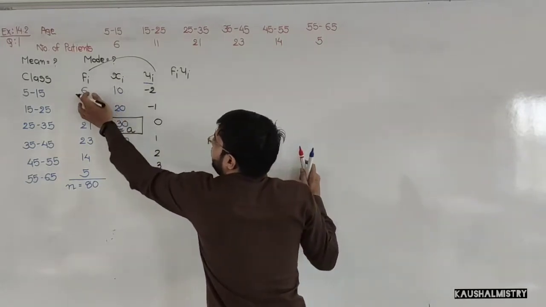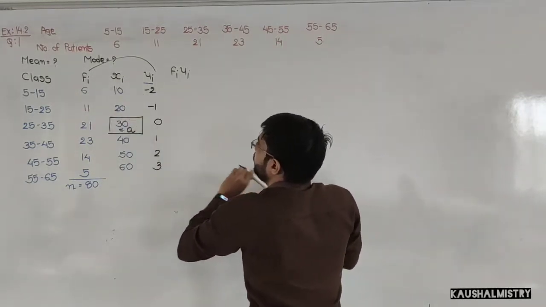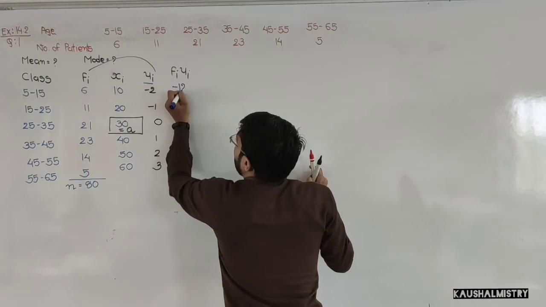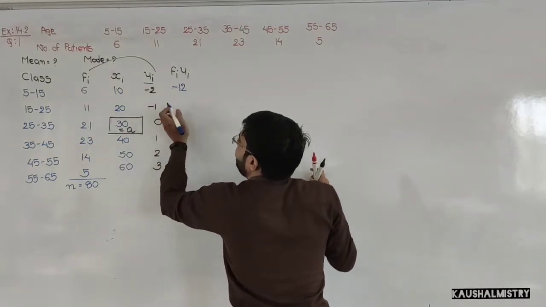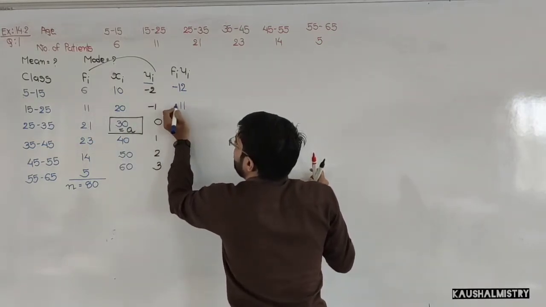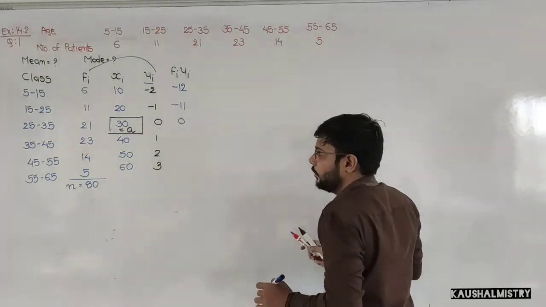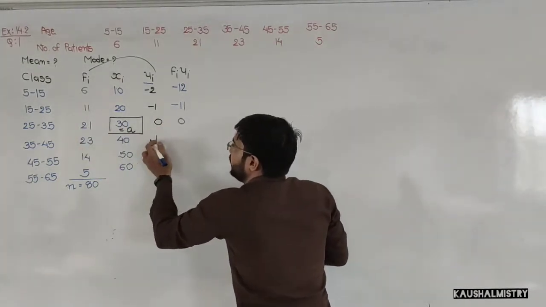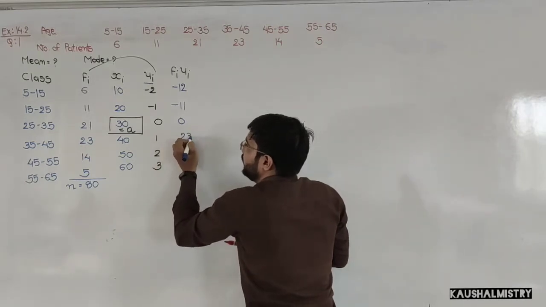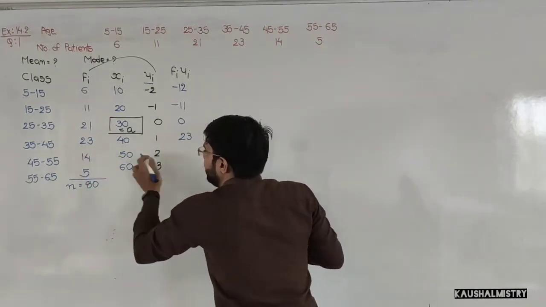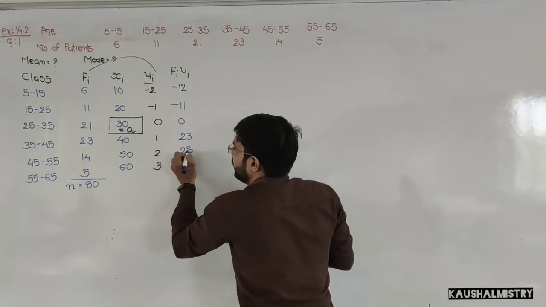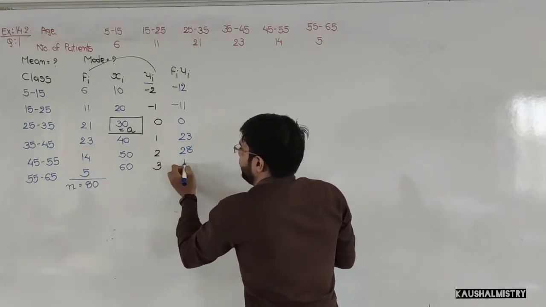So 6 2s are -12, right? 11 1s are 11, so this will be -11. 21 multiplied by 0, that is 0. 23 multiplied by 1, that is 23. 14 2s are 28. 5 3s are 15.